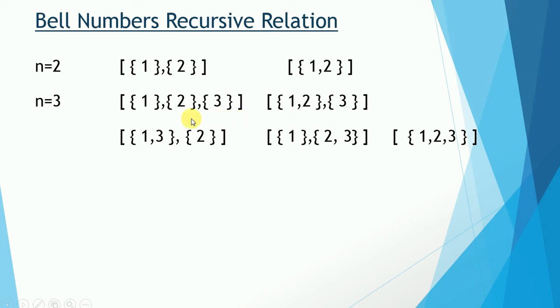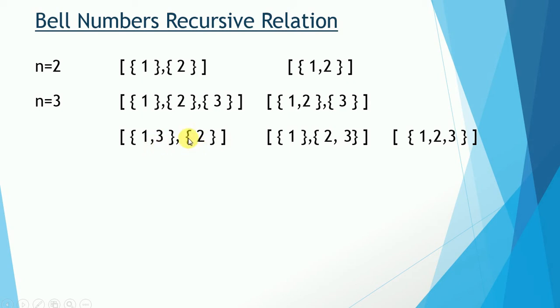Now, the second component suggests that 3 is going to be added to each of these partitions. As you can see, this 3 has been added to all these partitions. When I add this 3 into this partition, I get 1 and 3 together and 2 alone.